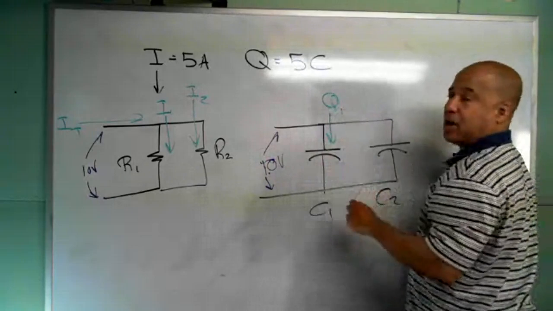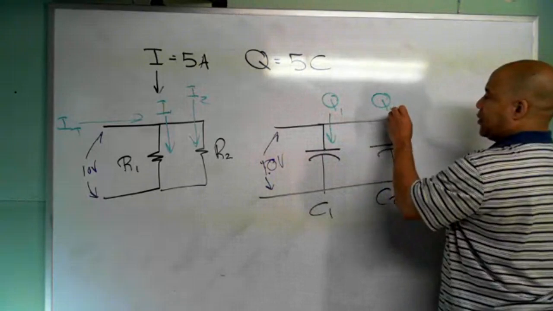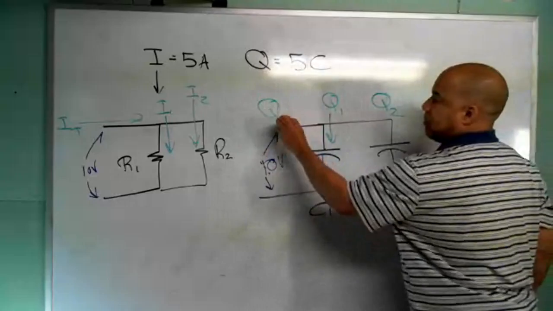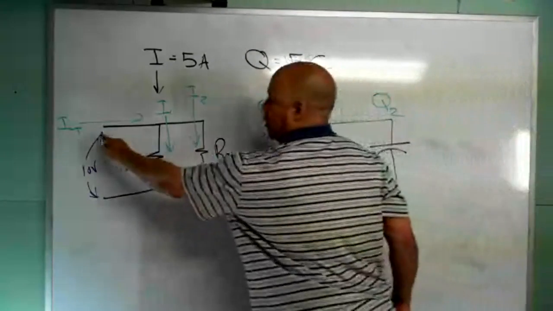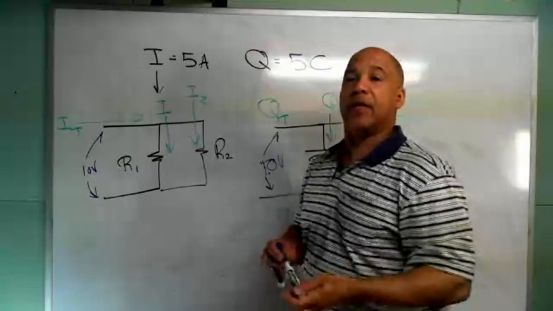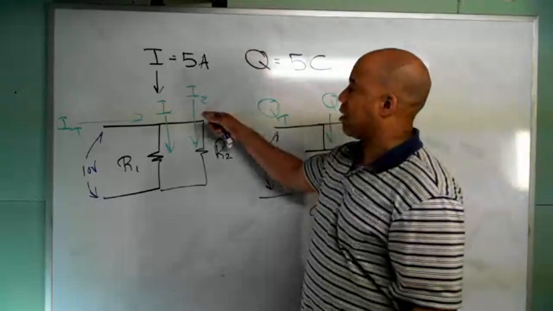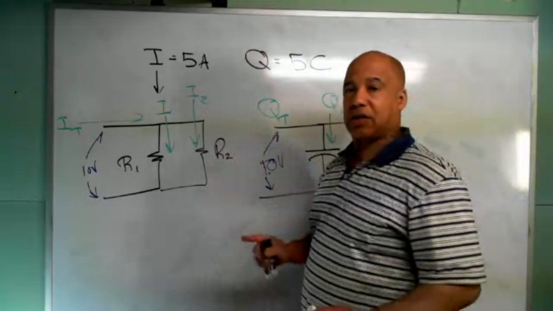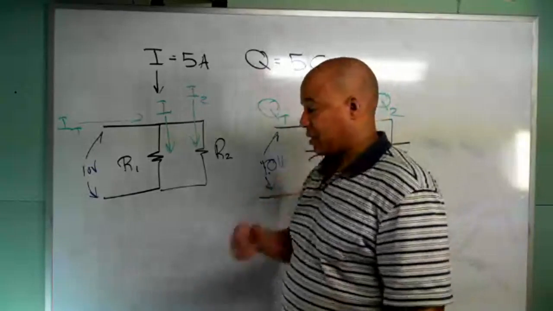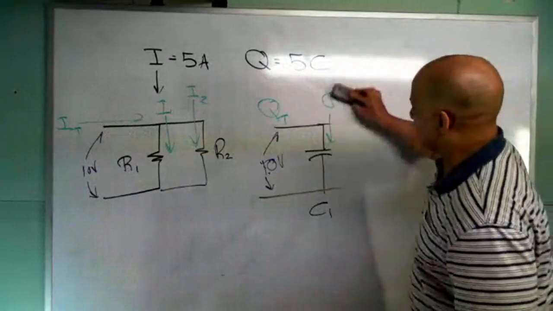I'll just call it Q1. And this will charge up to a certain amount of charge. We'll call this Q2. The total charge in the circuit will be the sum of these two, just like the total current in the circuit is the sum of these two. So again, I say it, the charge in the capacitor circuit behaves like current in the resistor circuit. So that's the first thing to remember. Now, it does get a little bit confusing when we talk about capacitance.